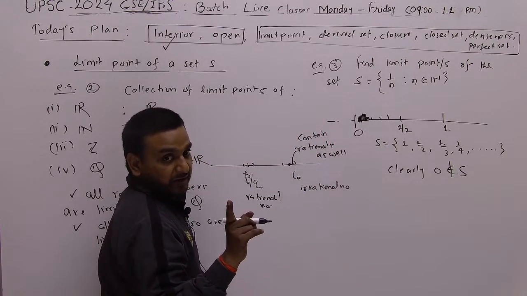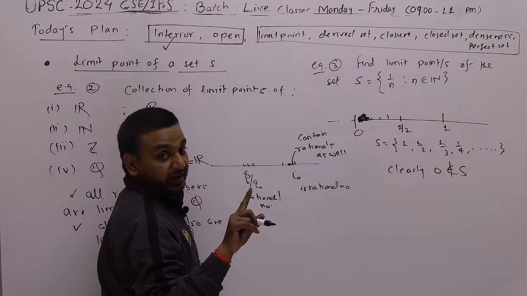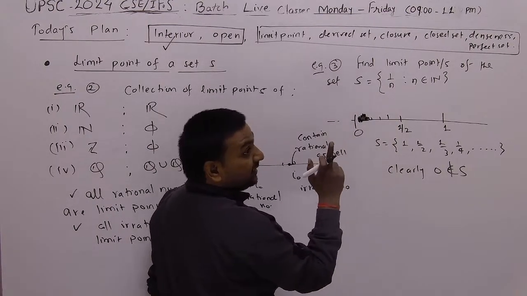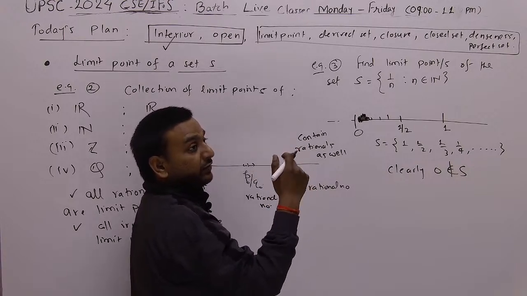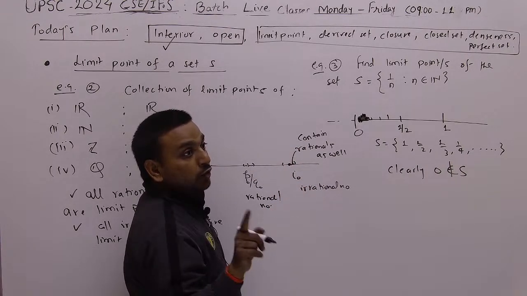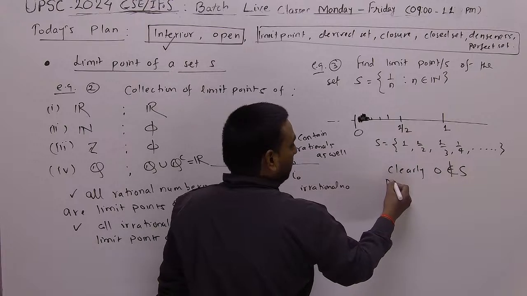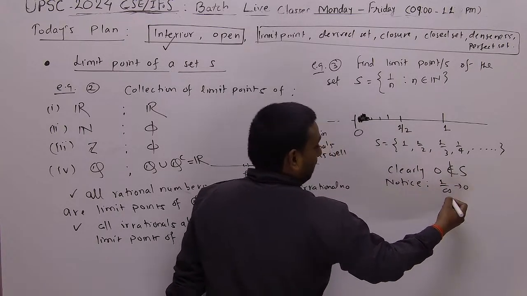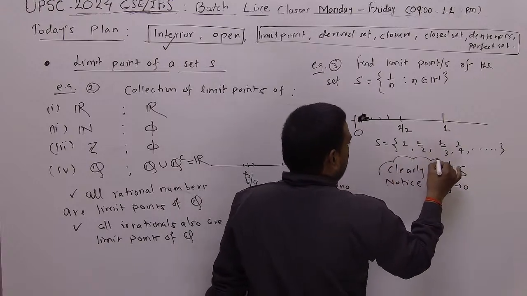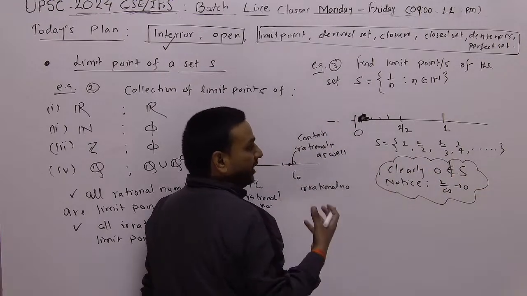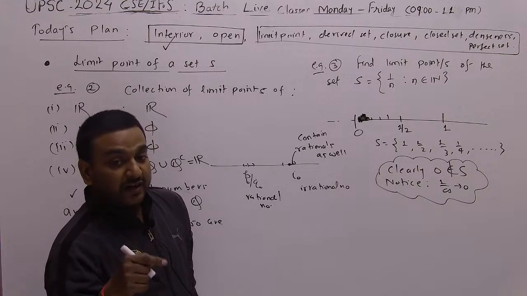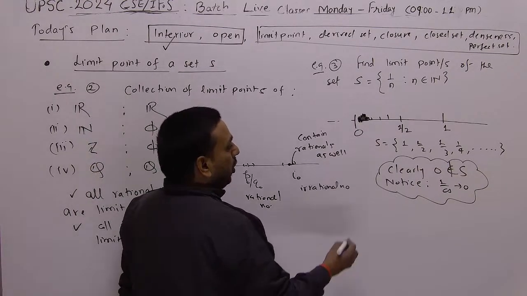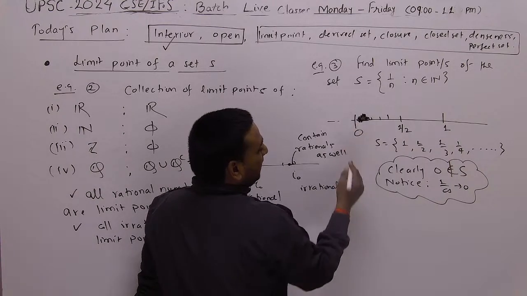Please notice this point. 0 is not in S because 0 you are getting when you put infinity. So at infinity you don't include that. Whenever you are getting this 1 upon infinity as some number, that number does not belong to that set. But all numbers before that will be here.